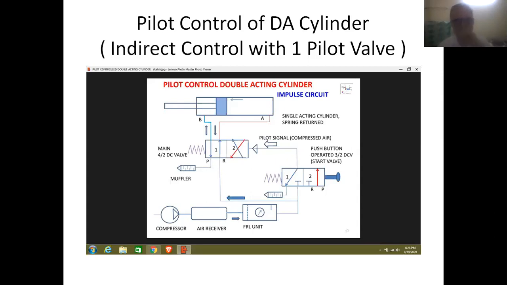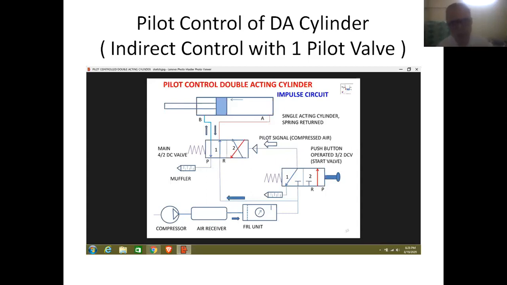So friends, this is the arrangement of its basic components, basic items required for operating a circuit. And finally, you can see the arrangement of a pilot valve.